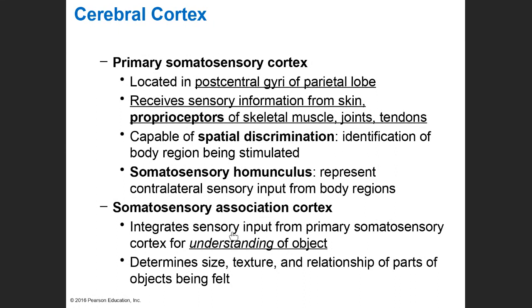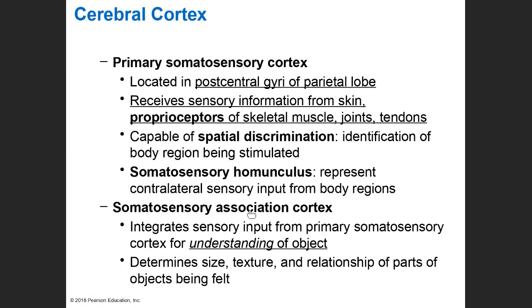And we will have some integration going on here in this area called the somatosensory association cortex. Outside of the postcentral gyrus, we have this association area. Remember, when we say association area, we're talking about a part of the cortex that's doing integration.